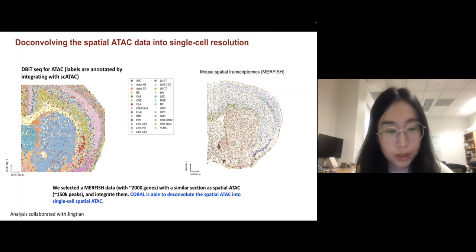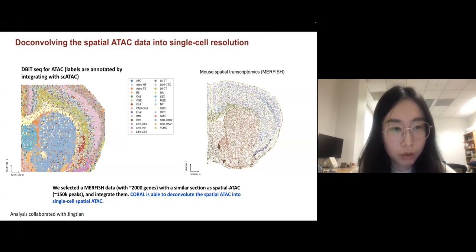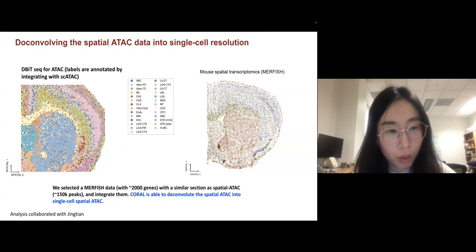This analysis is a collaboration with Jin Tian from the Arc Institute, and we are very excited to show that we first focused on one sample from DBiT-seq, and this label is annotated by integrating with single cell ATAC-seq. It looks pretty good in showing the structures, but it is still very noisy.